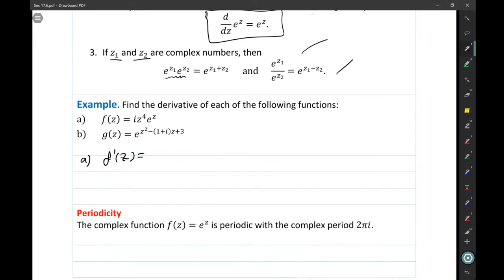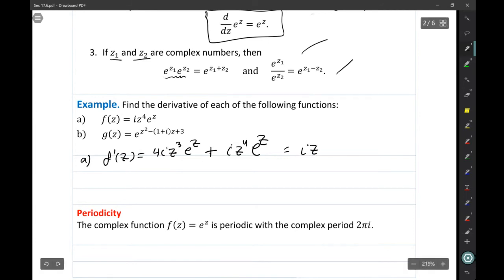Here we have a product, so we have to apply the product rule for the derivative, which is 4i z to the power 3 e to the power z plus i z to the power 4 times the derivative of e to the power z, which is e to the power z. That becomes i z to the power 3 e to the power z times 4 plus z.